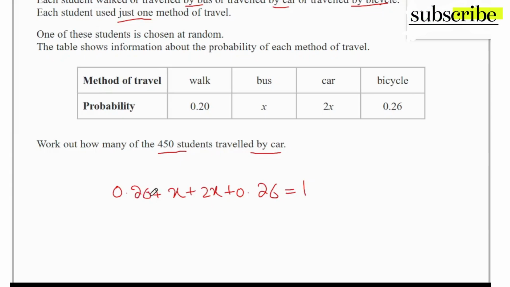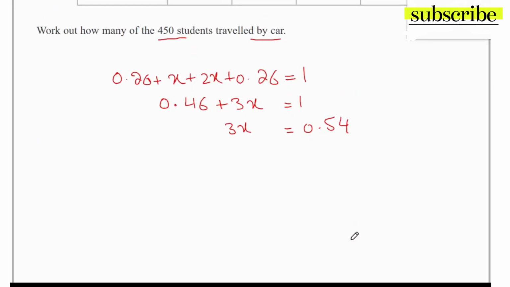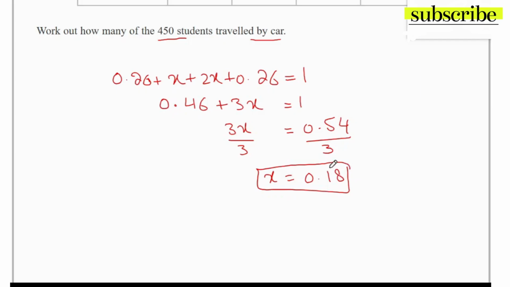Then we add 0.20 plus 0.26, that gives us 0.46, plus x plus 2x is 3x, equals 1. 3x is equal to 1 take away 0.46, that gives us 0.54. Now we're going to divide by 3 both sides to get the x value. So 0.54 divided by 3, we will get 0.18. So the x value is 0.18.